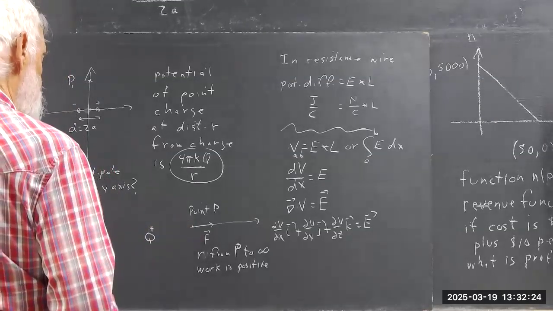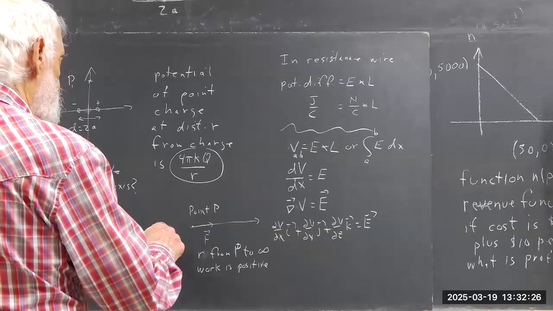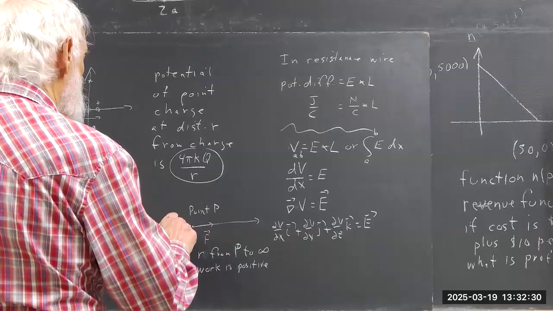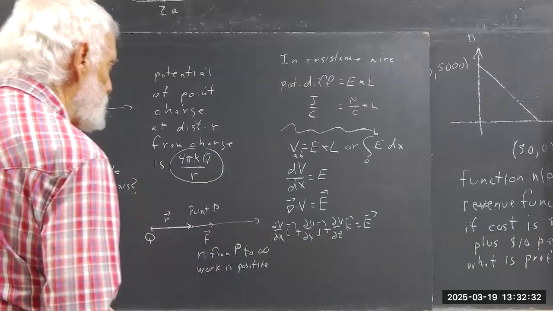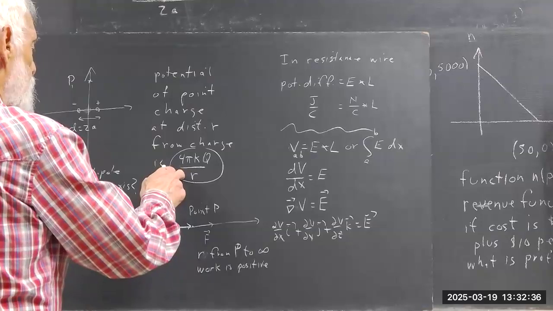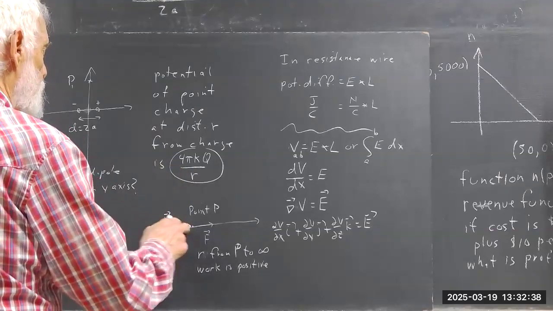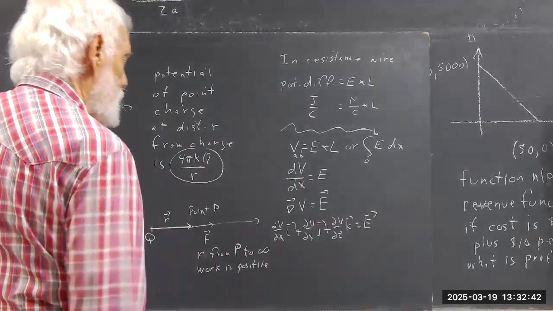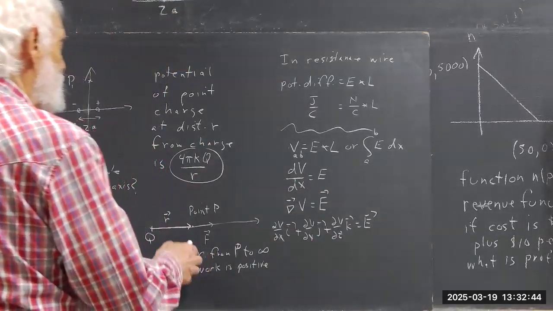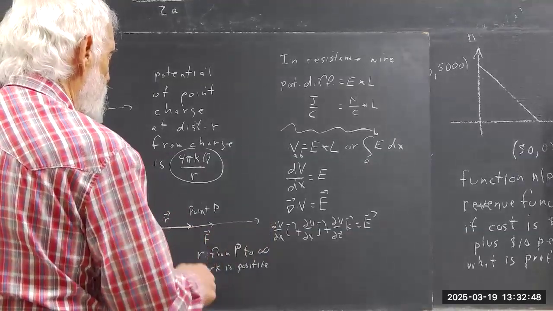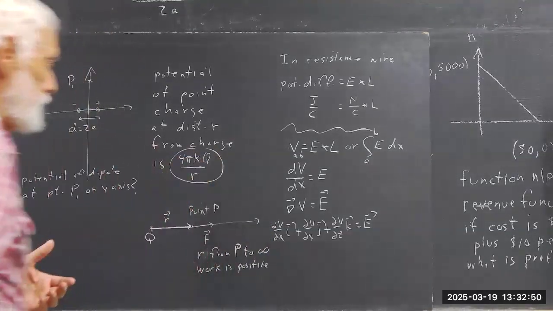And a little ambiguous notation I used here: this is my R. Okay, so the R we're using here is the separation between these. If we have an R axis along here, which we often use, then I'm just invoking what we did to integrate and find the expression for potential.